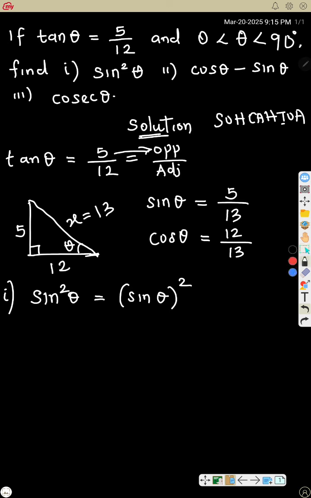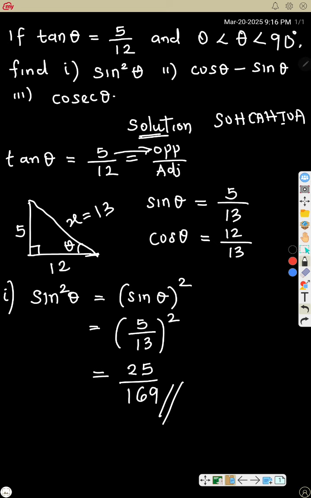So now sine square theta will be, what is sine theta? 5 over 13, everything square. So now what is 5 square? The square will affect 5 and 13. 5 square is 25, over 13 square is 169. So the answer is 25 over 169.